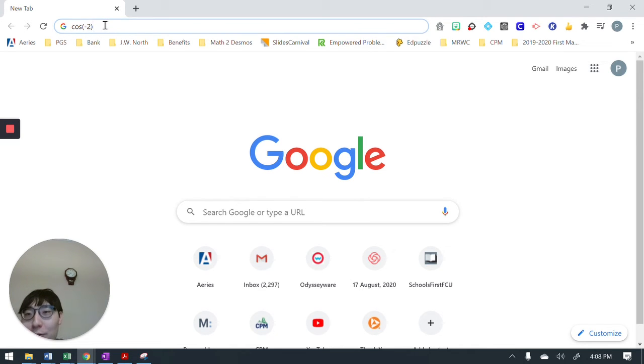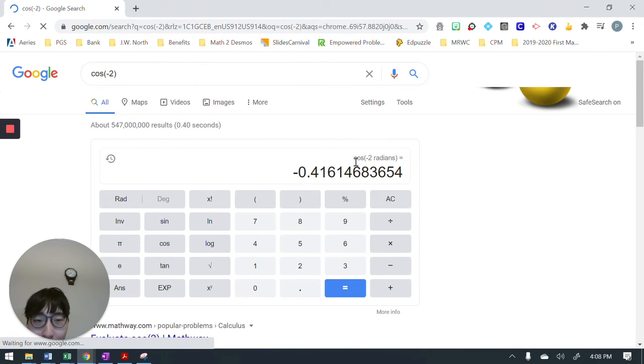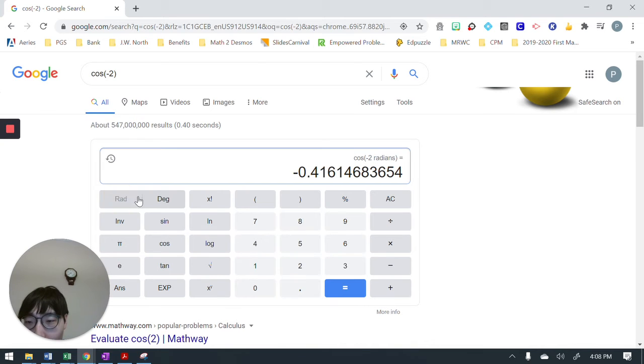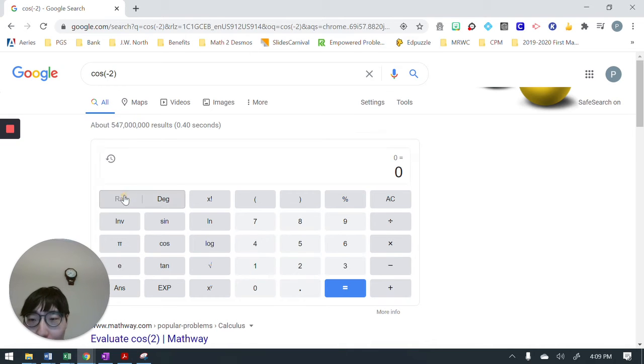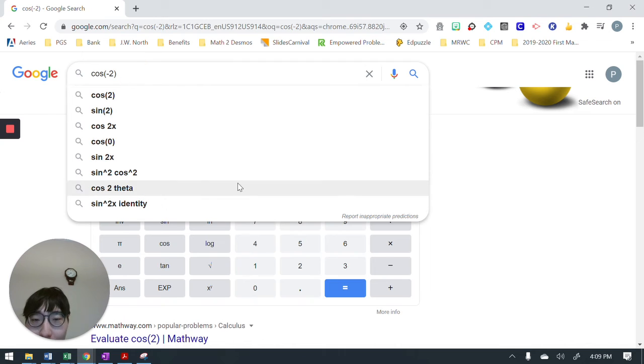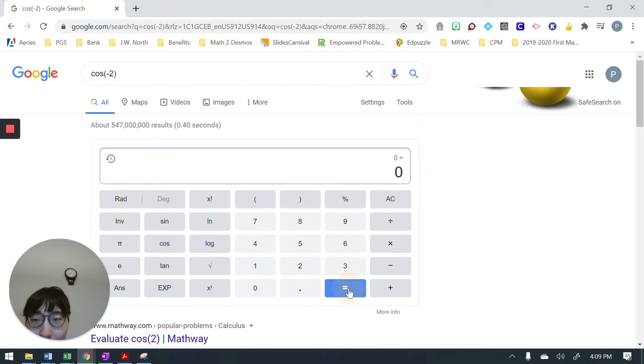For the cosine of negative 2, if you just Google it, make sure it's in radians, by the way. How do you know if it's radian or degree? You can check that. If you're finding cosine of negative 2 degrees, it's different from radians. I guess I messed up here.